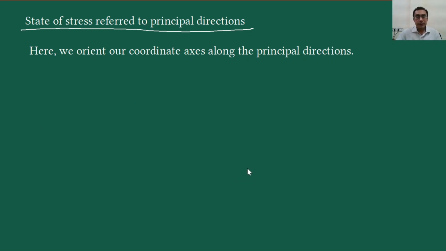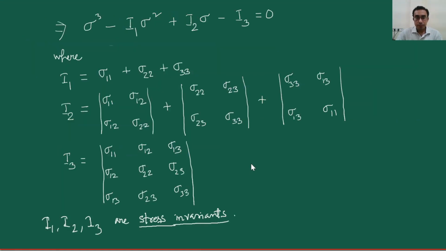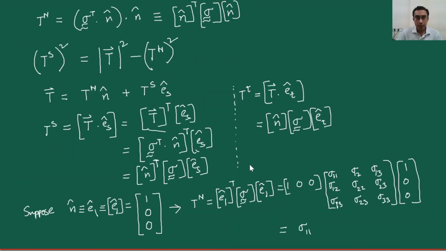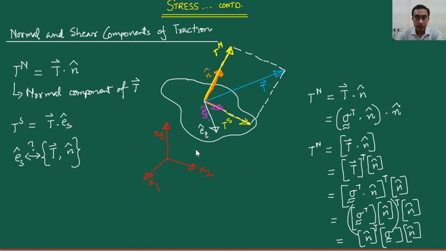If we go back to this slide, we have already mentioned that the principal plane is the plane for which the traction vector is parallel to the n hat. Basically, it is the plane on which the principal stresses are lying.